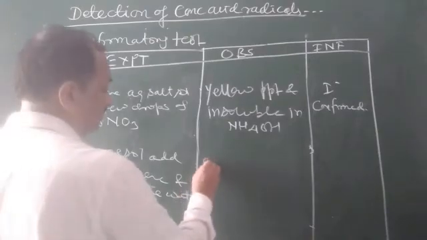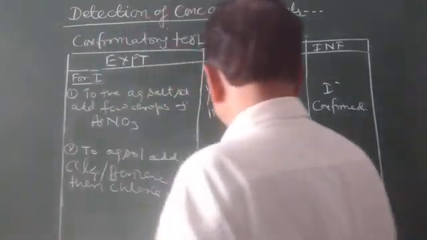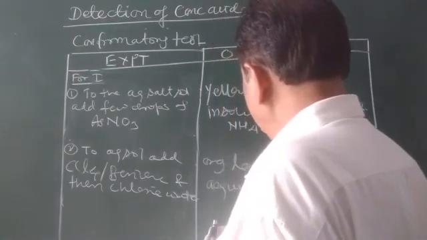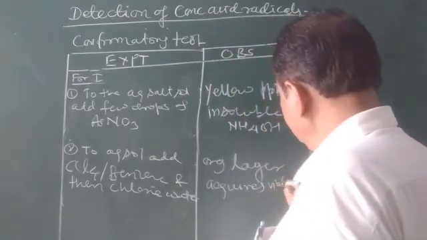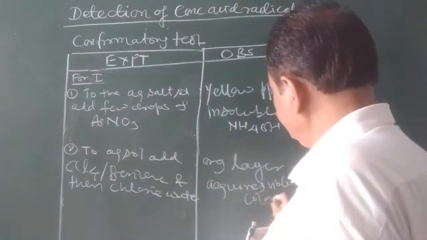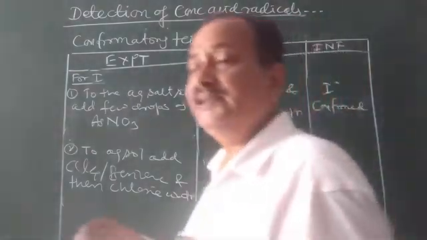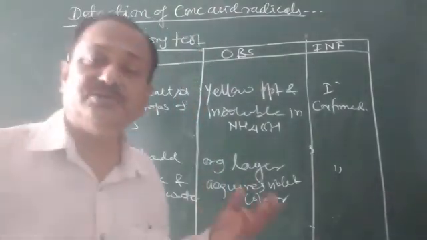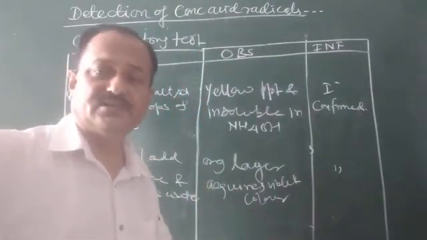Here the organic layer acquires violet color. Actually it is based on displacement, because halogens have different activity, and so as a result of this.